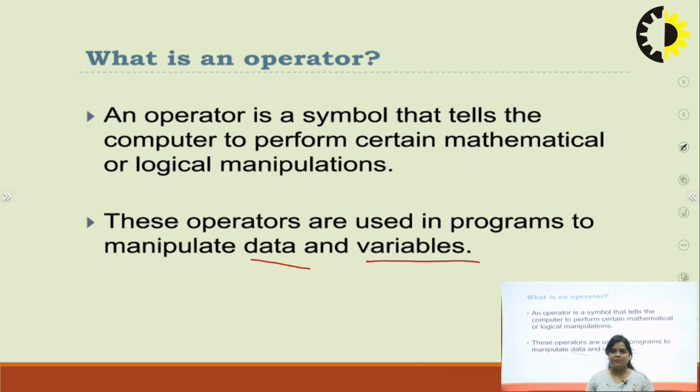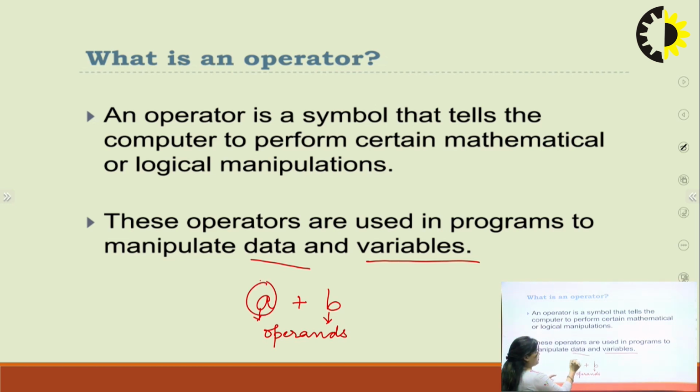An expression is a collection of operators and operands. So let's understand first what is operator and operand. Let's say if you have written A plus B, then here, these are operands, right?